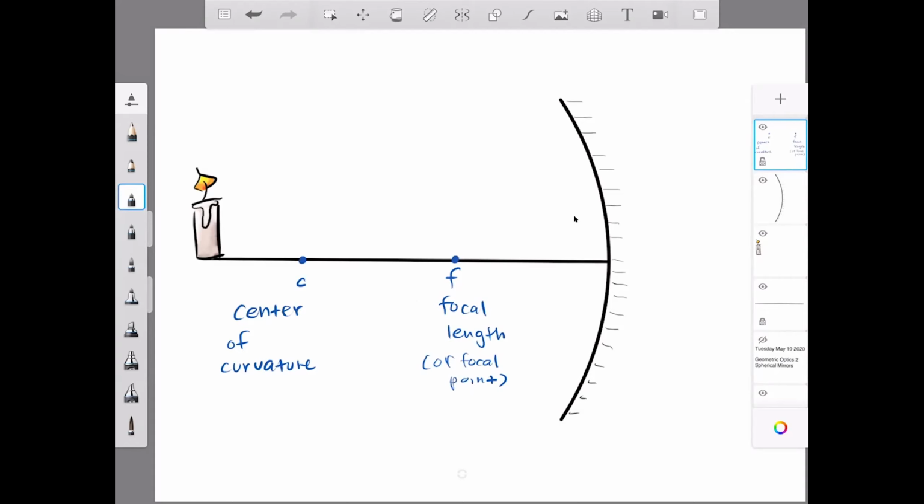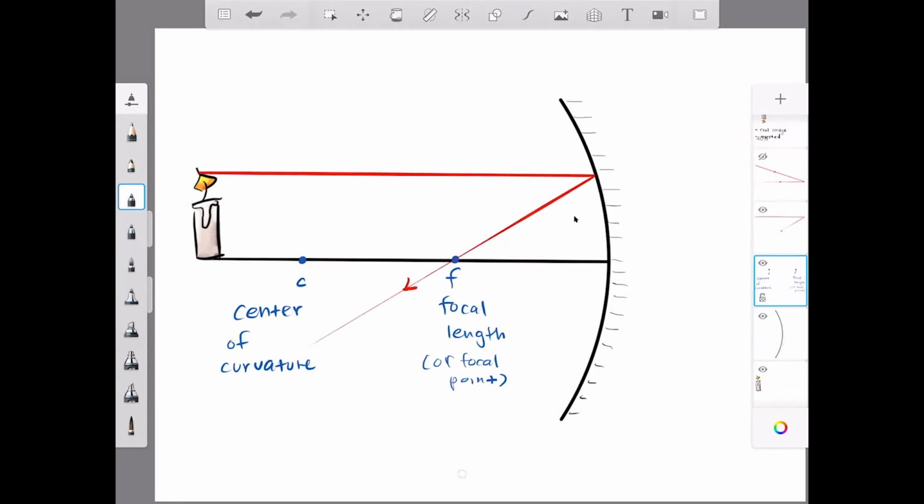Now, check this out. Notice where my candlestick is located along the mirror, somewhere beyond the point C. So I'm going to draw two lines. The first one is going to be a line that goes straight across parallel to that middle line. Once it hits the mirror, it will reflect and then go through the focal point, like this.